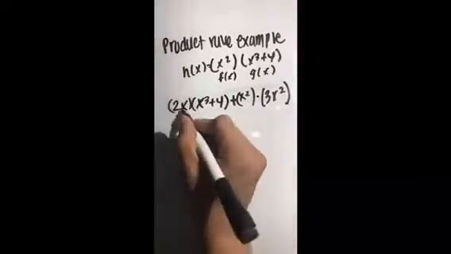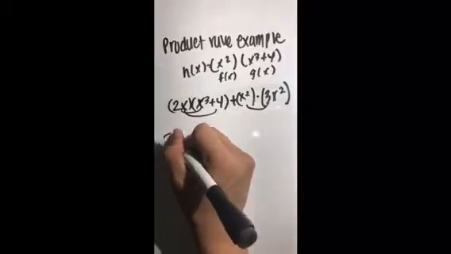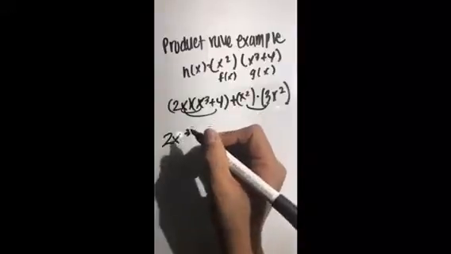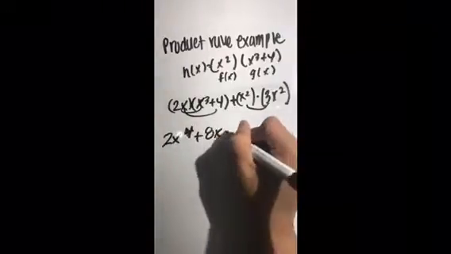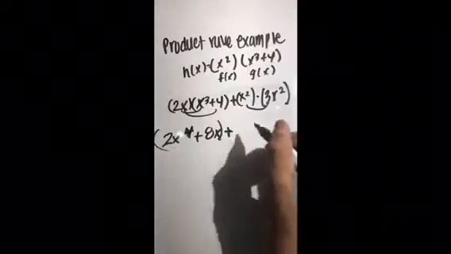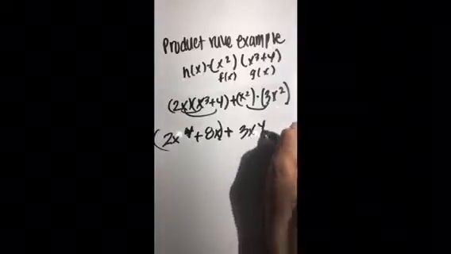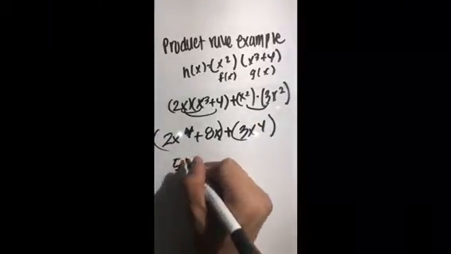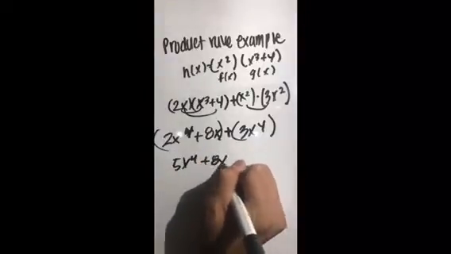Then we multiply each one. This one comes out to be 2 to the fourth, 8x, plus 3x to the fourth. Then we add the terms again, 8x.